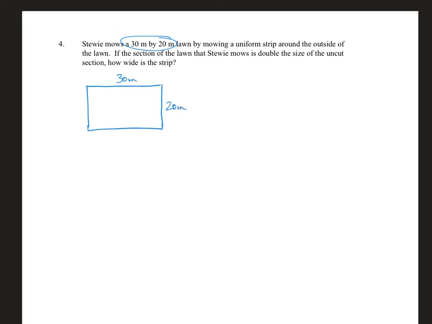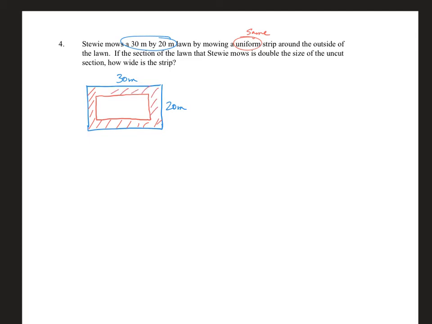It tells me that Stewie's going to mow a uniform strip, and uniform means the exact same, so it means same dimensions. So Stewie is going to mow off a strip around the outside of that lawn that is the same everywhere. If the section of the lawn that Stewie mows, I'm just going to highlight that a little bit, and I'm going to shade that in with red.